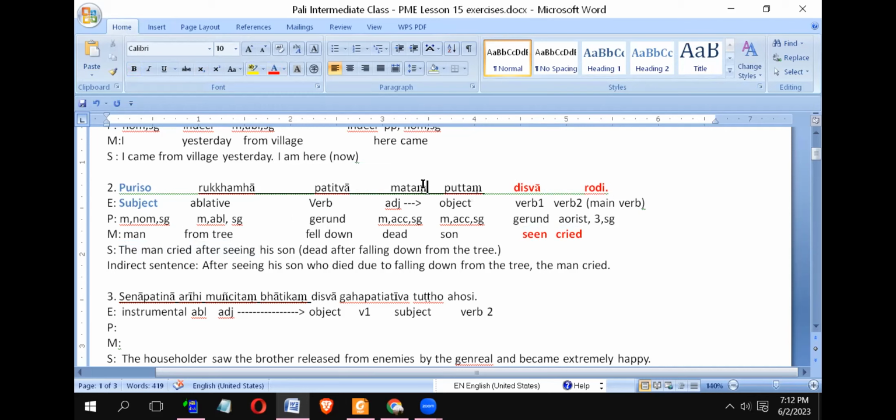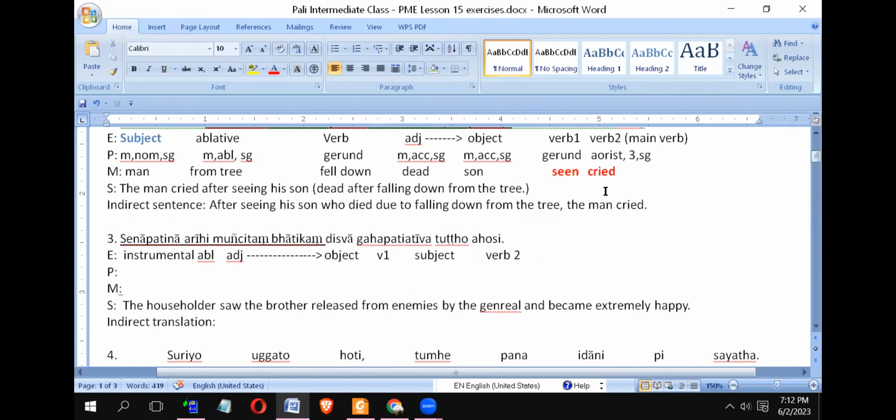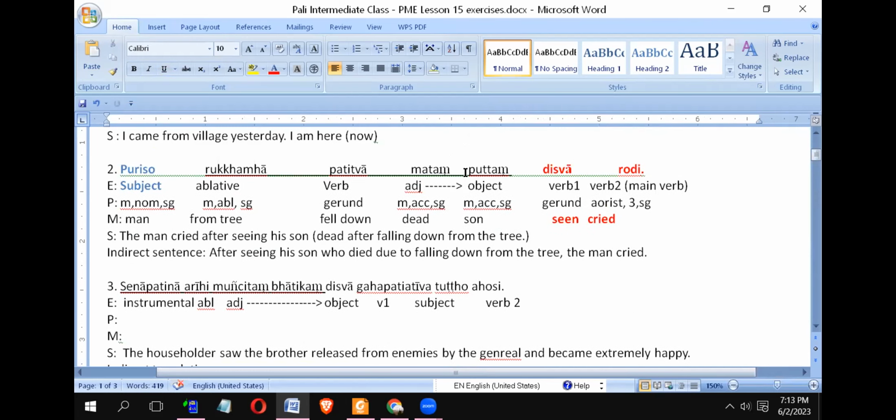Then the putam, you notice the M here, the nasal sound and nasal sound. This means that matam is actually linked with the putam. So if you want to write, you put it like this. Matam is the adjective, and it modifies the putam.